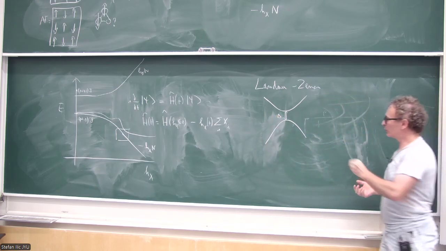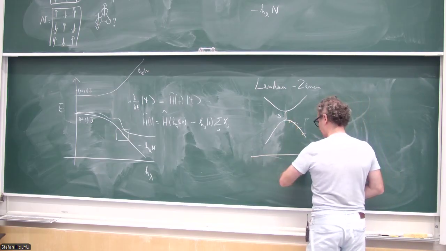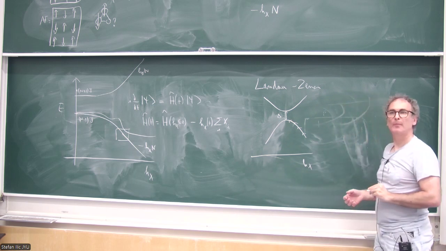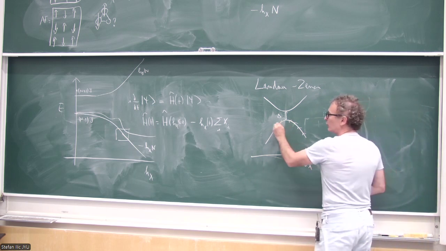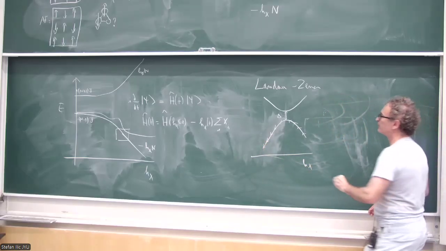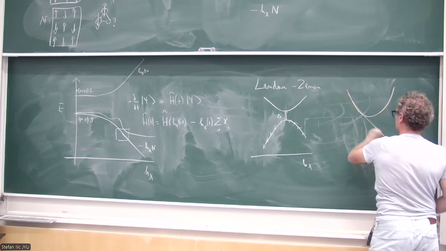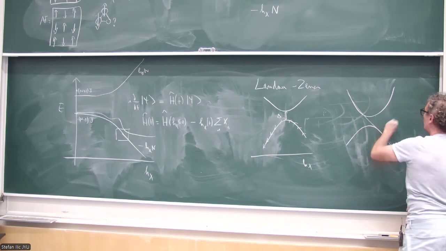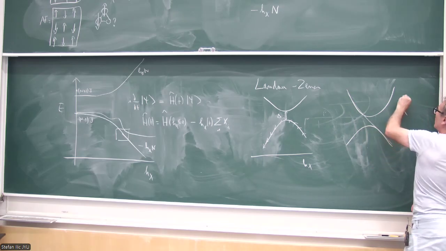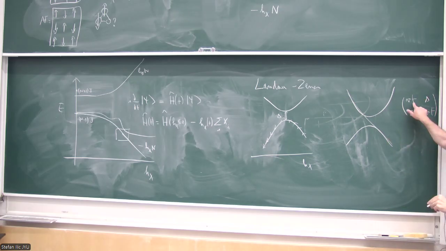So if you go very slowly, and this is hx, if you go very slowly, you are going to stay on the ground state. That's the adiabatic theorem. But if you go very fast, so typically the problem that Landau looked at was Vt, V times t, minus Vt on delta on the RW.